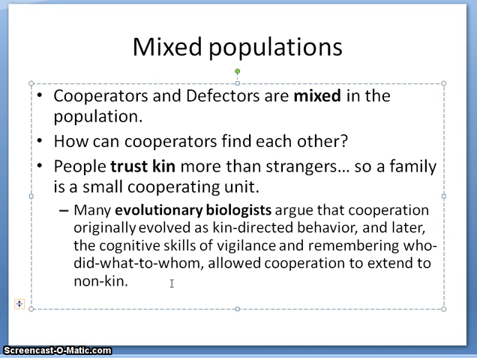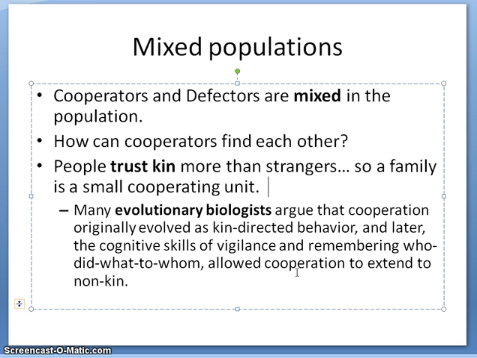So imagine as social situations were becoming more and more complex, the human brain was evolving systems to help navigate those complexities. One of them would be systems to increase our memory capacities and our vigilance, so that we could benefit from cooperation with non-kin people. We could expand our circle of cooperation from just kin to everybody else.